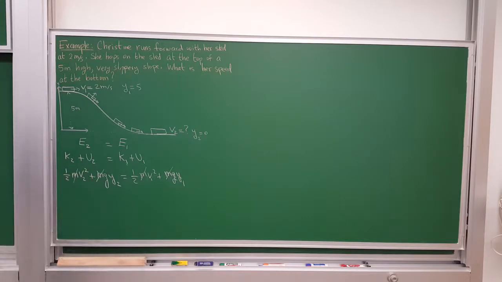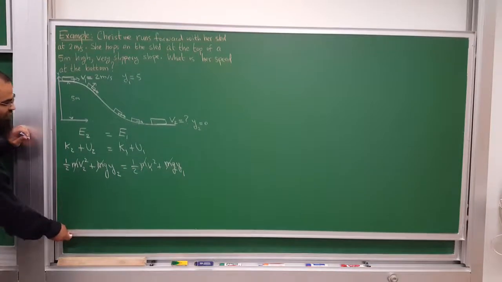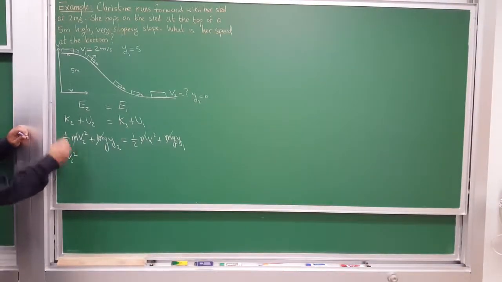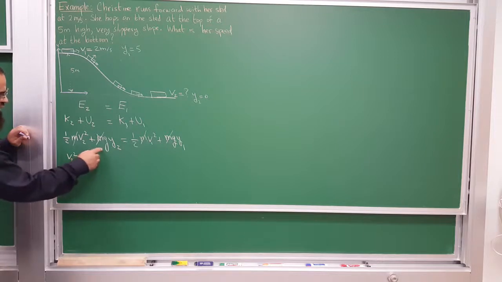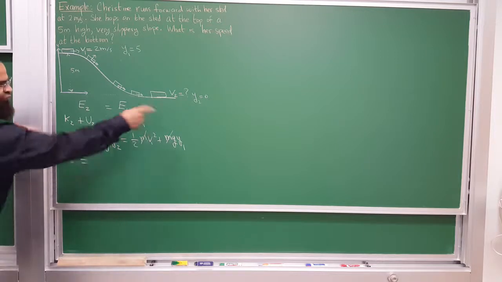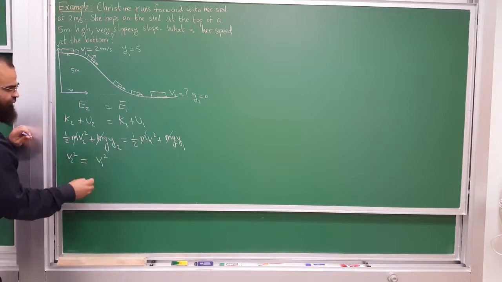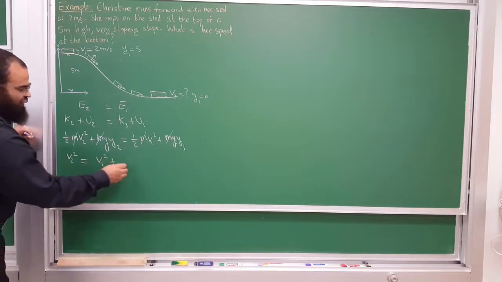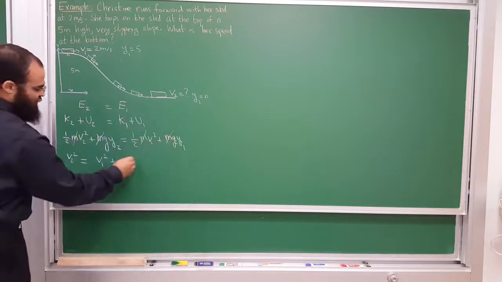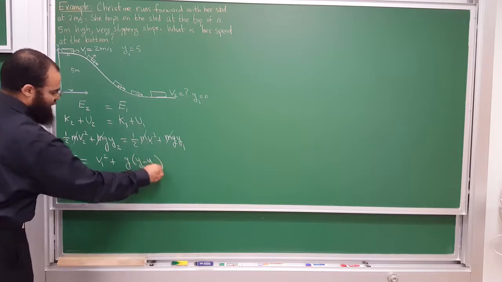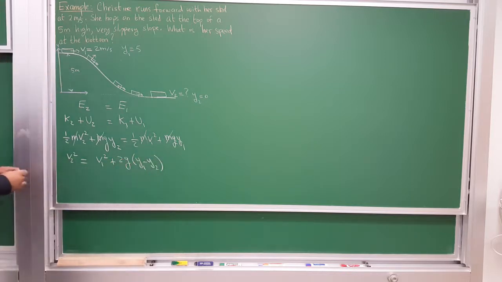It's gone. I want V2, so I would multiply both sides by 2. That gives me V2 squared, because I multiplied by 2. When you multiply by 2 here, you just get V1 squared plus, and when you move this to the other side, you factor the g and you just have y1 minus y2, with a 2 here.